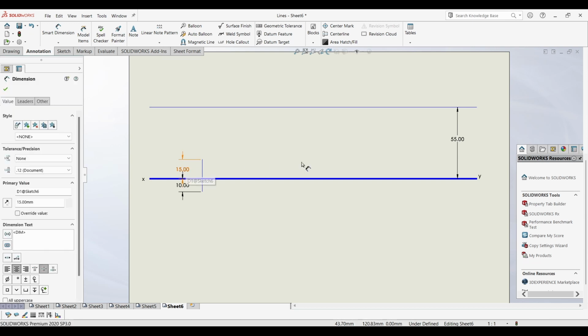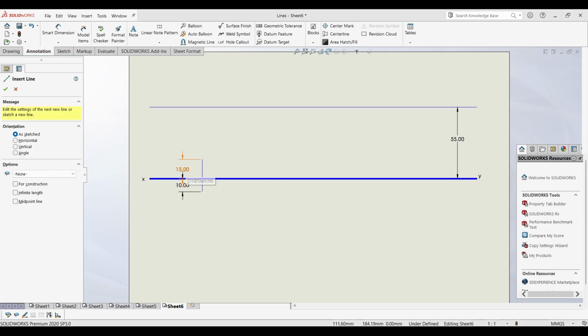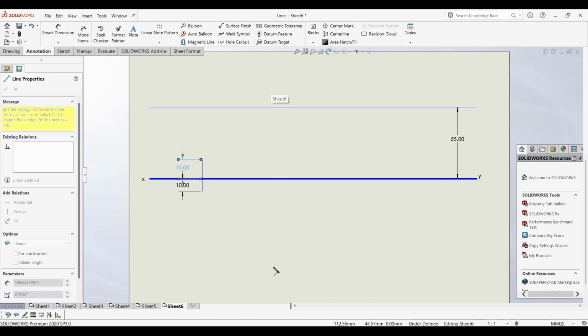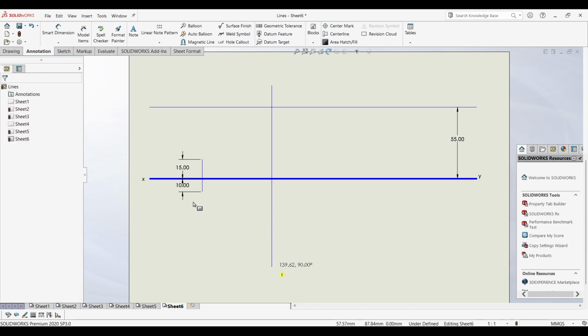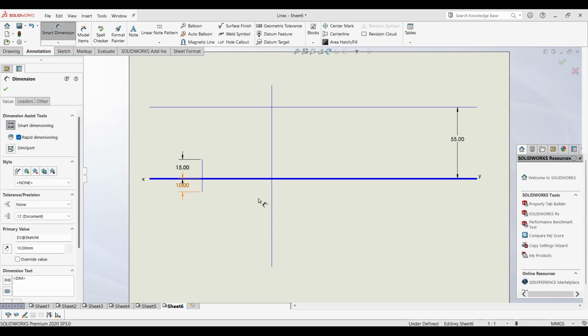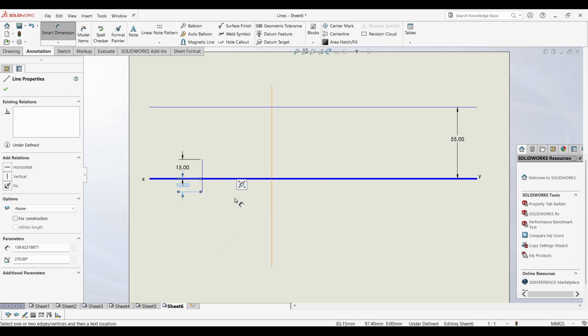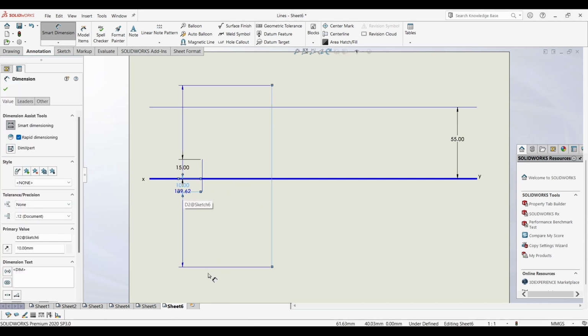After doing that, we also have DBEP given in the question. So I would take advantage of that. Because DBEP is given, I would draw a line like this and dimension it.